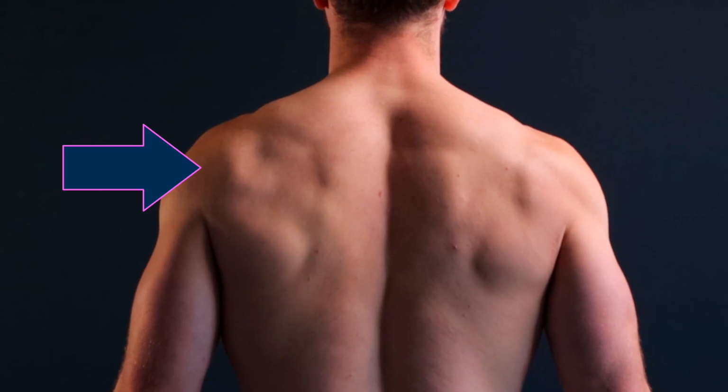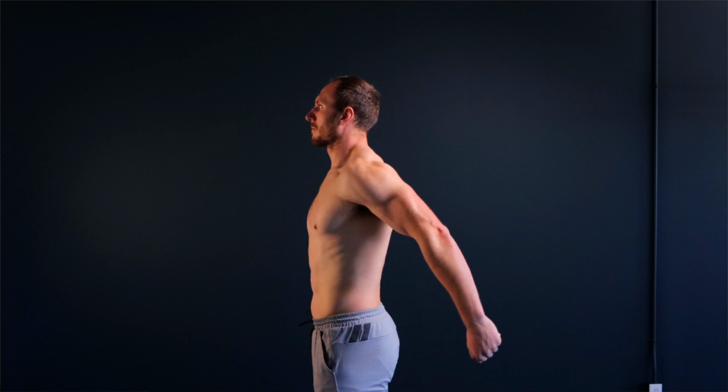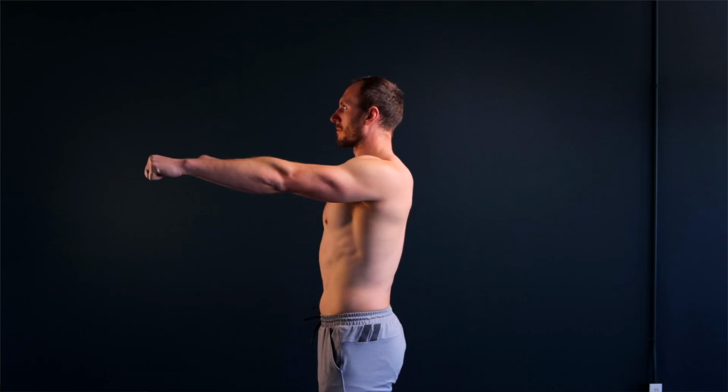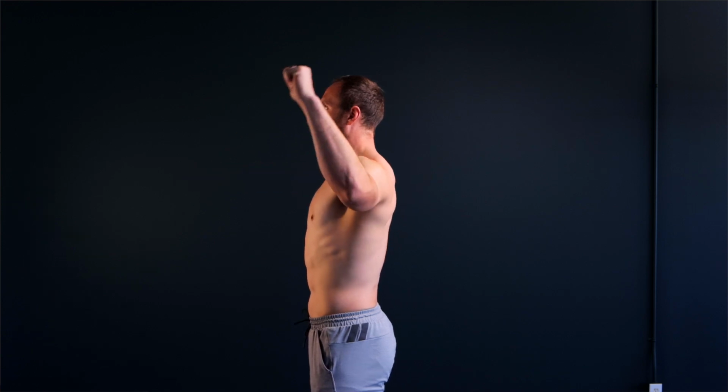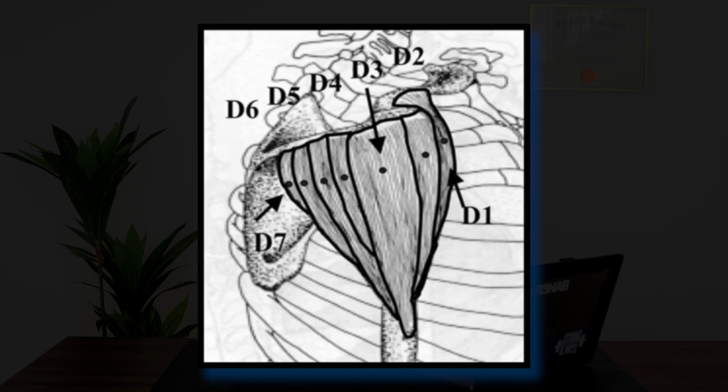The posterior head does essentially the opposite of the anterior head, performing shoulder extension, horizontal abduction, external rotation, and contributing to abduction.